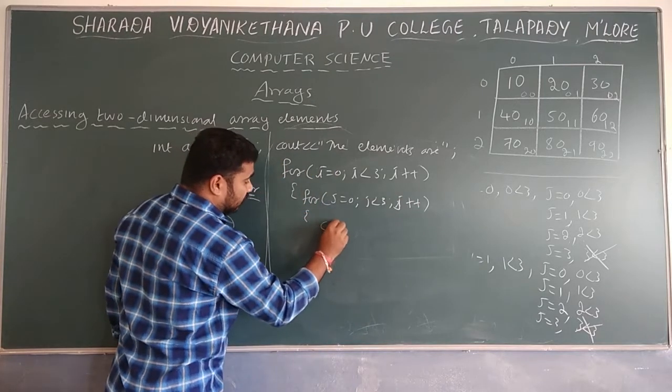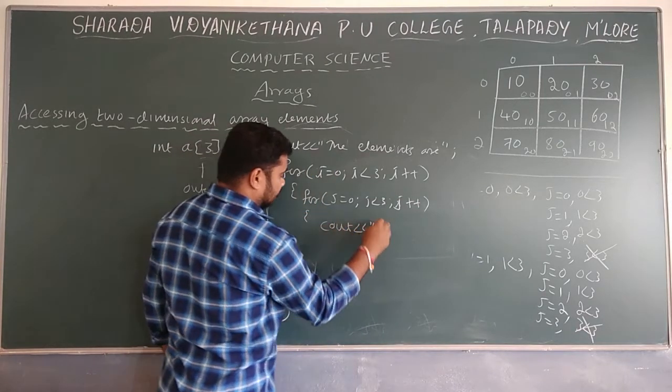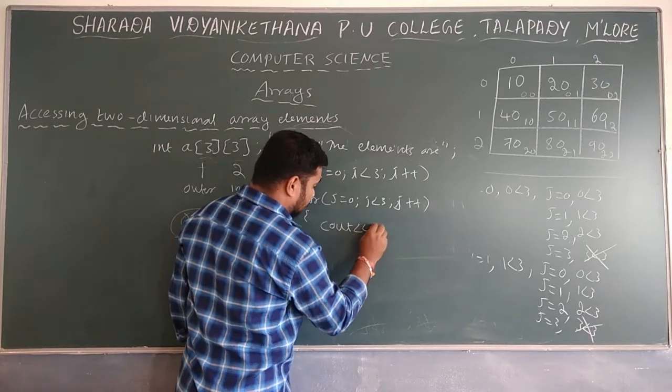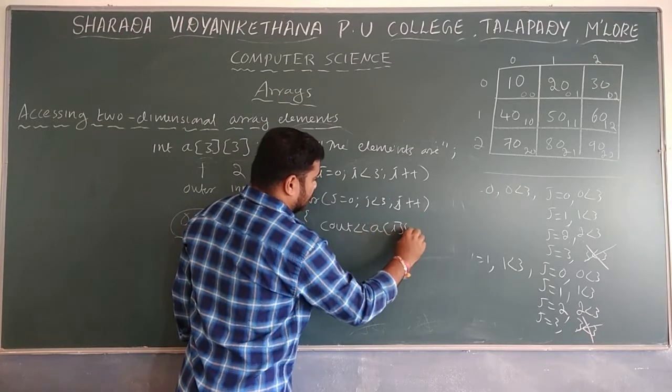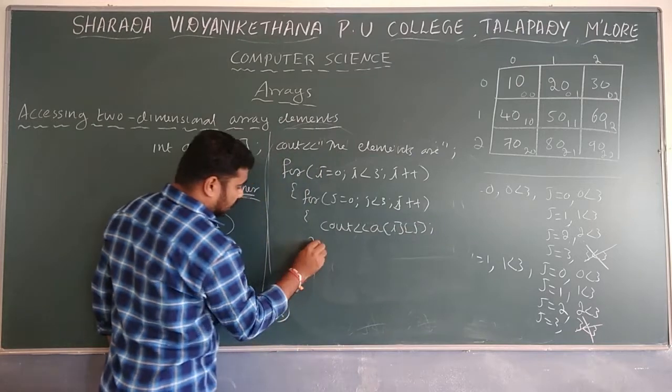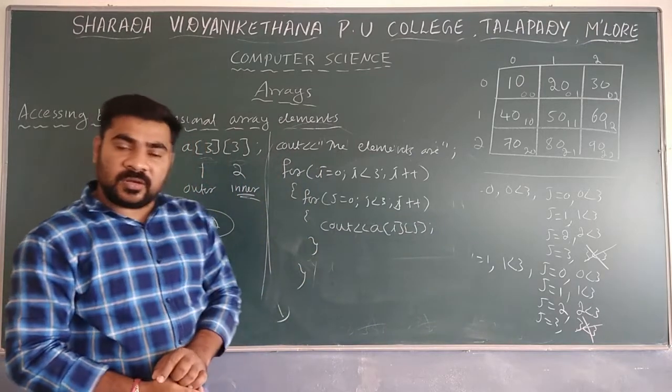Then cout a of i and j. So that is the only change here.